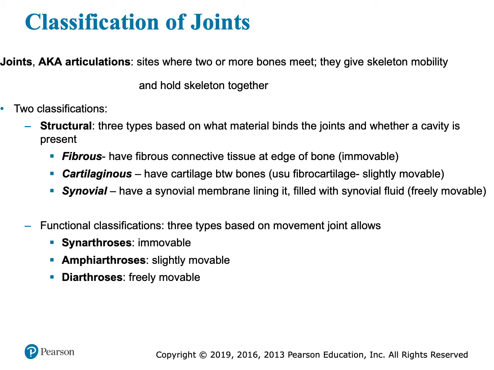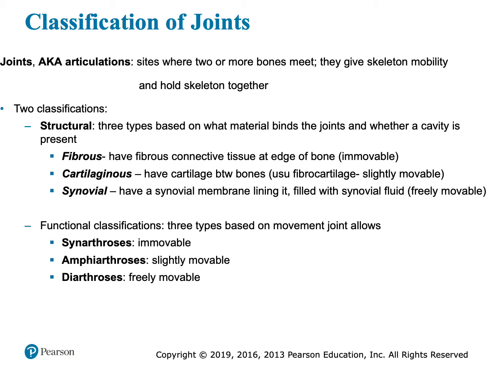So, like so many things in A&P, you can classify things by structure, you can classify things by function. Structure is what it's made of. Function is how does it work. So the structure of, let's say, your suture line is fibrous.